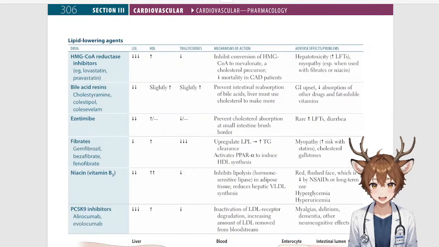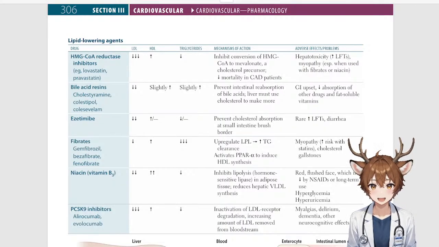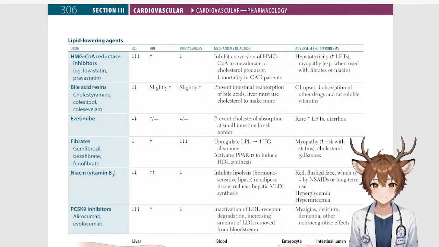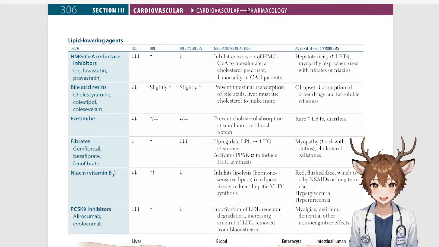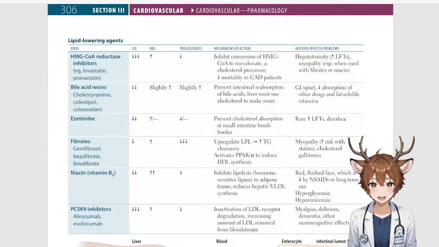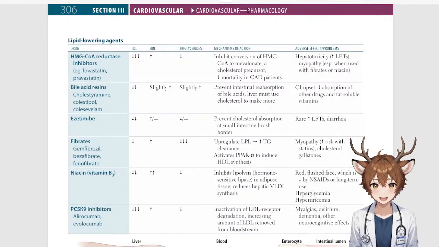I wanted to confirm LPL from before is lipoprotein lipase. Back to niacin: niacin can cause a flushed face, prostaglandin mediated, decreased by NSAIDs or long-term use. And niacin can also cause hyperglycemia and hyperuricemia, which is interesting.